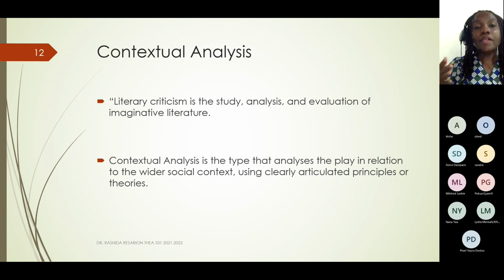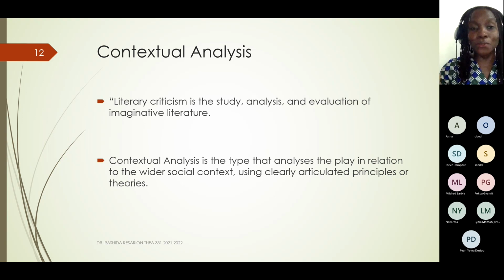So I think dramatic theory and criticism leans heavily towards the critical dimensions of play analysis, where it's supposed to apply certain theories of interpretation to the play text rather than analysis and interpretation, where we use the formalistic approach, where we look at the elements of the play itself and how they all work together to create meaning within the play itself.